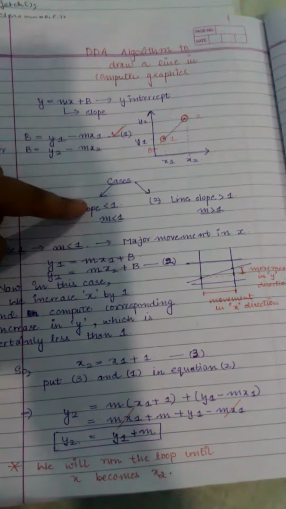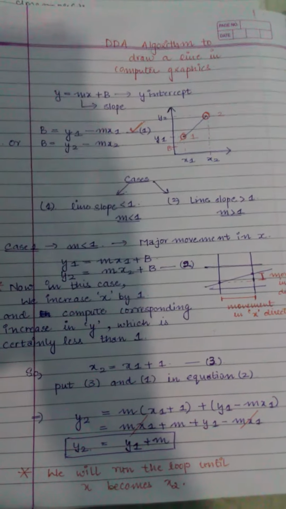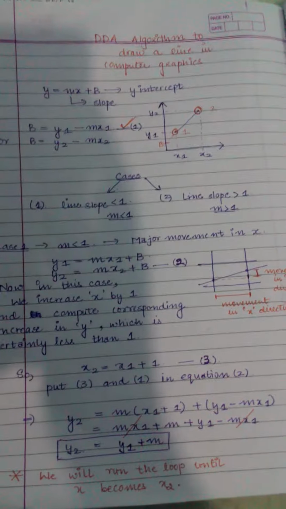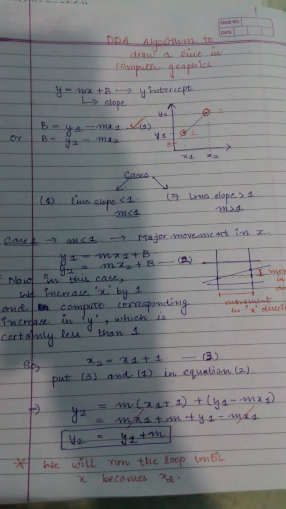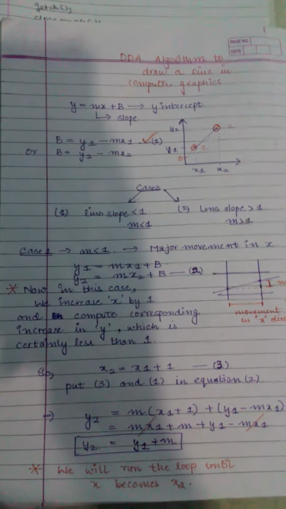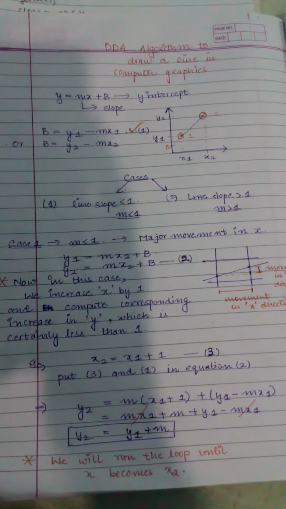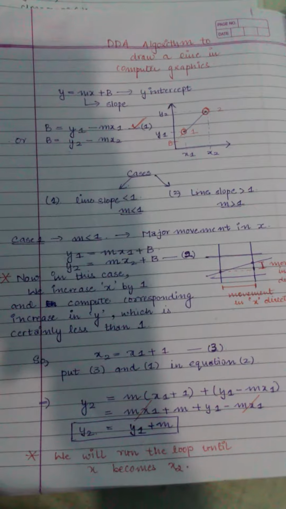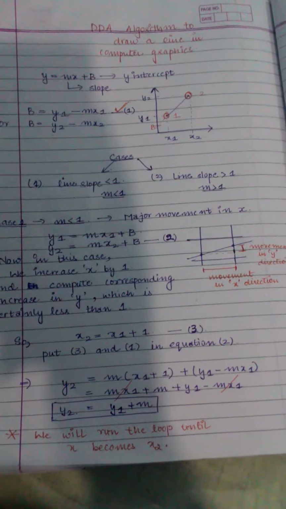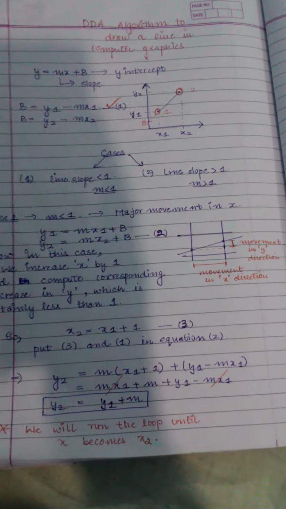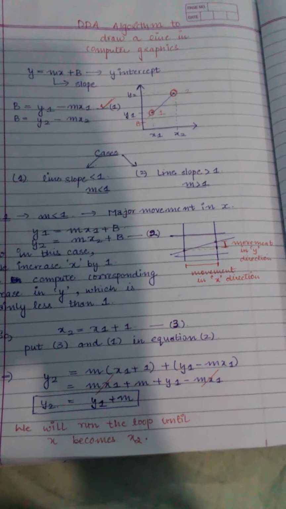Okay, so there are cases. First case is line slope less than 1 and the other case is line slope greater than 1. We will compute these cases separately. First case, line slope less than 1. We can see from the figure itself that in this case the major movement will be in the x direction.